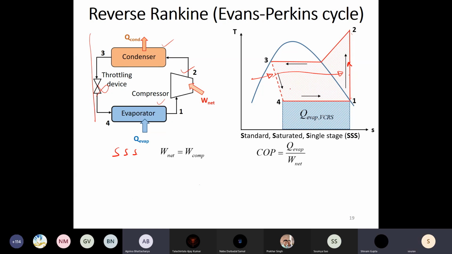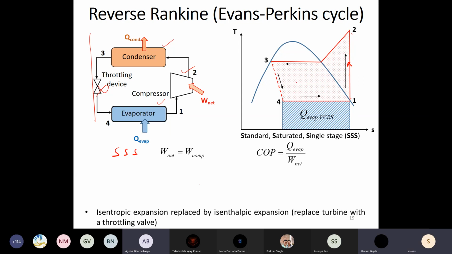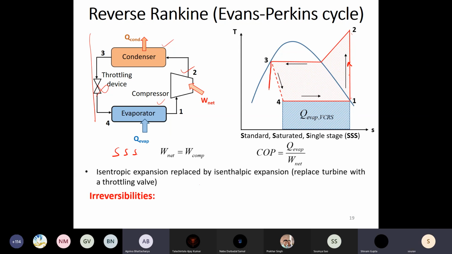Now where have we taken the hit? Where we have taken the hit is, if you see, this would have been the process in case we had an isentropic expansion. My heat absorption would have been this. How can I simply say that this is the heat absorbed in the evaporator?